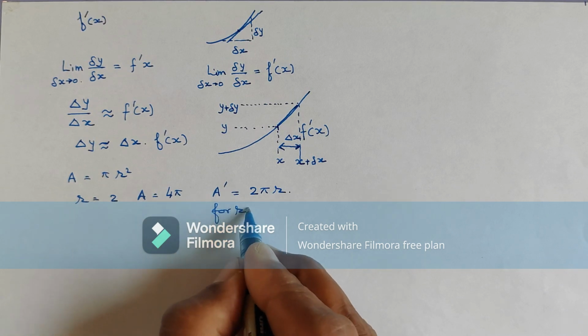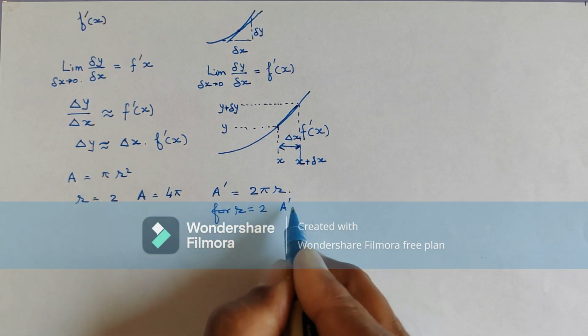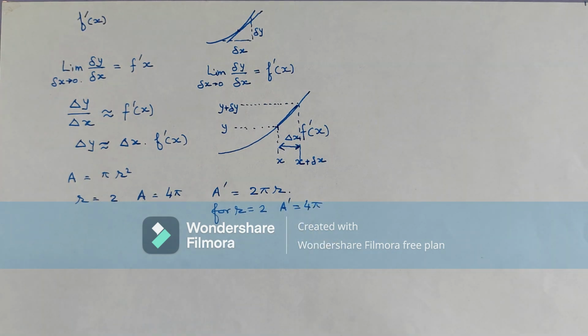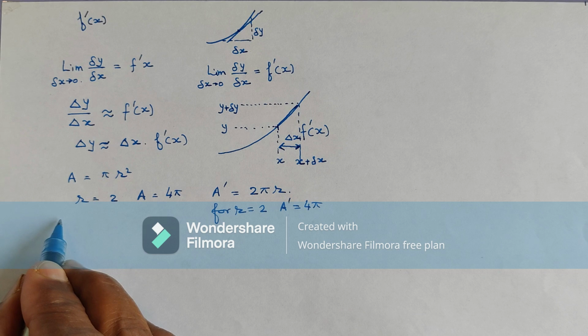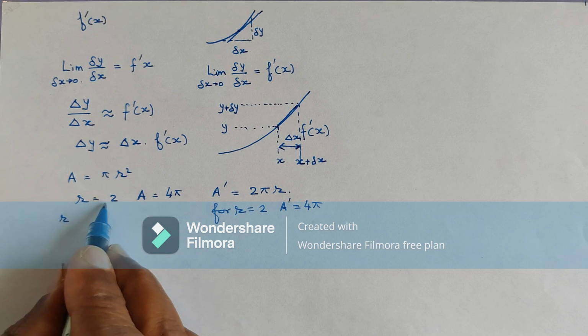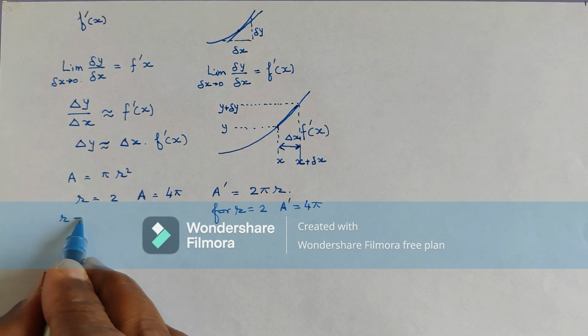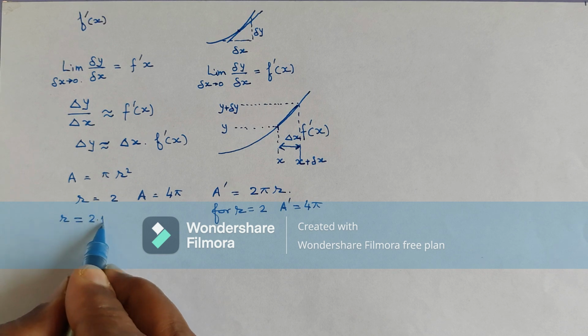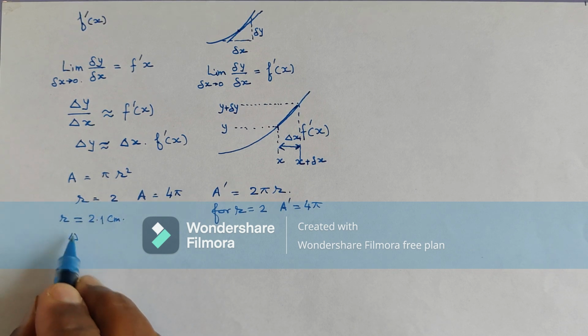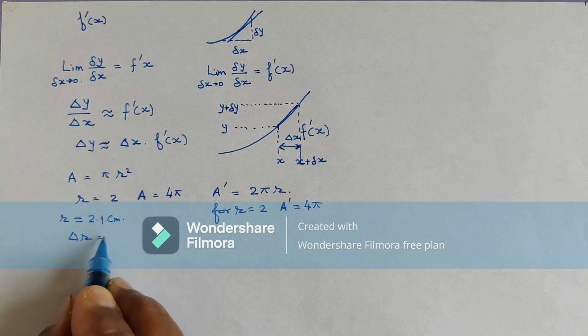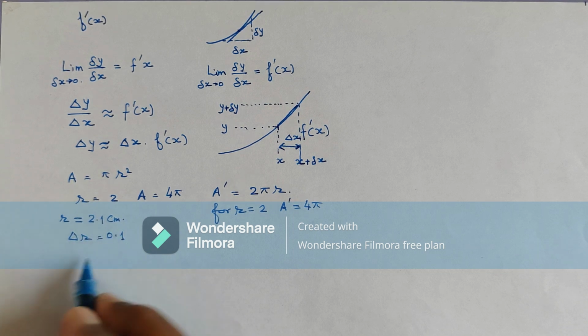For r equal to 2, a dash is equal to 4 pi. So what is going to be the value of area when r is slightly more than 2? Let me say 2.1 centimeter. Delta r is equal to 0.1 centimeter.